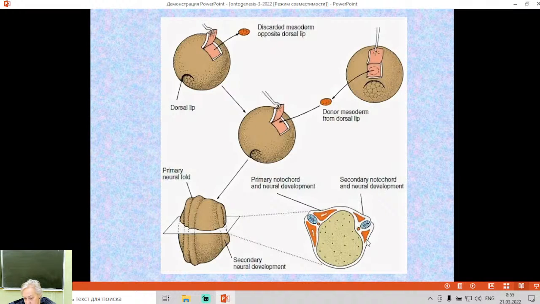And you see the section: primary notochord with neural tube and secondary notochord from this cell mass with neural tube. The notochord will consist of cells of the second embryo, and the neural tube and somites from cells of the first embryo.